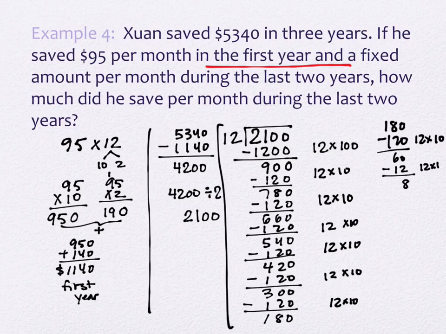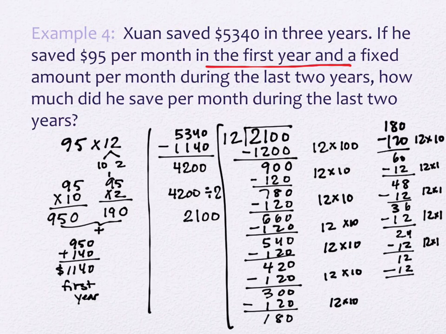So this would be 48. This would be 36. 24. And then I have 12, and lo and behold, eventually I end up at 0.